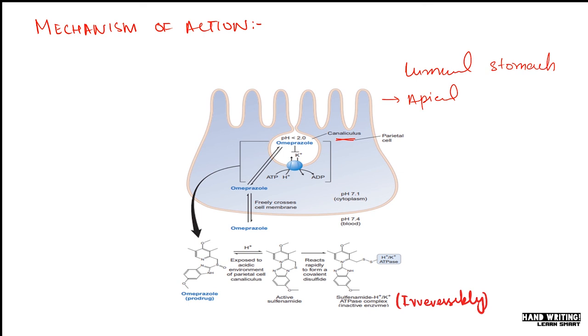These are called the canaliculi. You can see the zoomed part of the canaliculi containing the proton pump, also called hydrogen potassium ATPase. This hydrogen potassium ATPase works by secreting hydrogen into the lumen of the stomach in exchange for potassium, using the energy of ATP, which is converted into ADP.